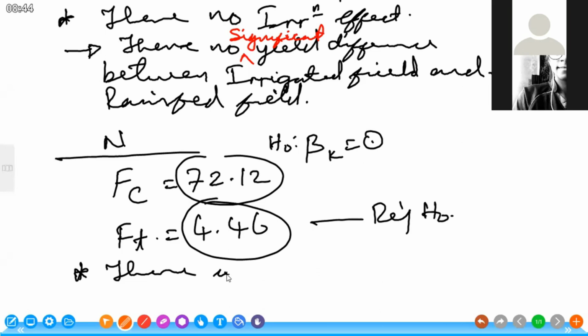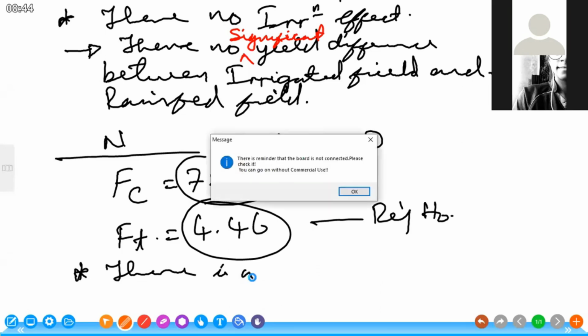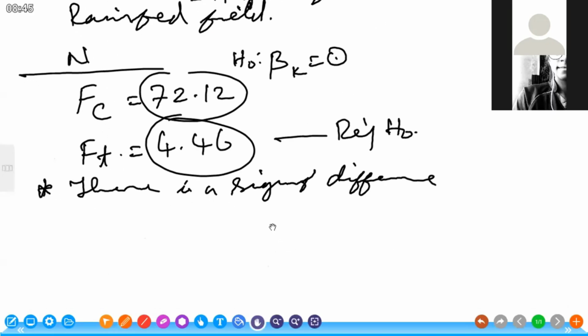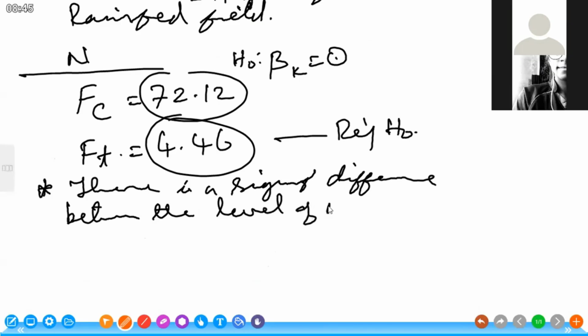There is a significant difference between the levels of nitrogen on yield of paddy, because we are talking about paddy yield, right?